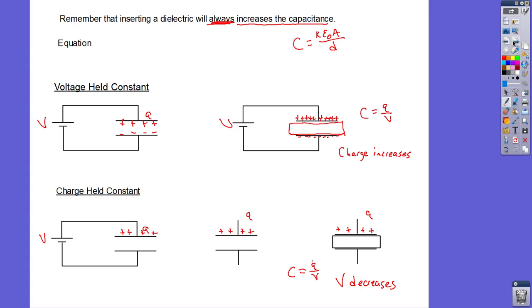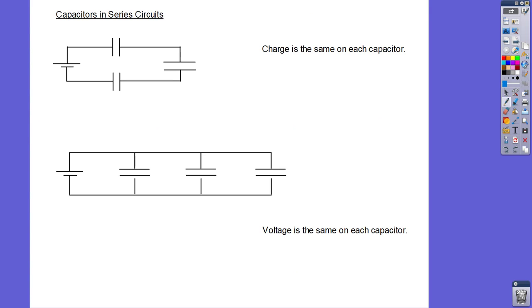And then just a quick note about capacitors in circuits. A couple weeks ago we did a pretty thorough circuit review which included RC circuits, so I'm not going to go into the RC circuits again. But remember, when we're talking about capacitors in series circuits, so we have our EMF, we've got our capacitors C1, C2, and C3. Okay.